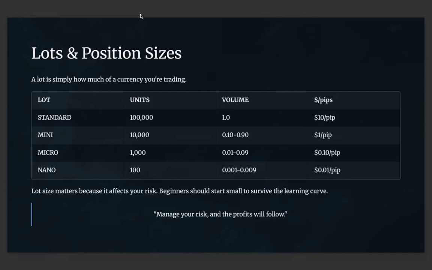So the higher the percent you're risking per trade will determine how long you have capital to trade. If you're risking 10% per trade, it means that if you have 10 wrong trades, you have blown your account.